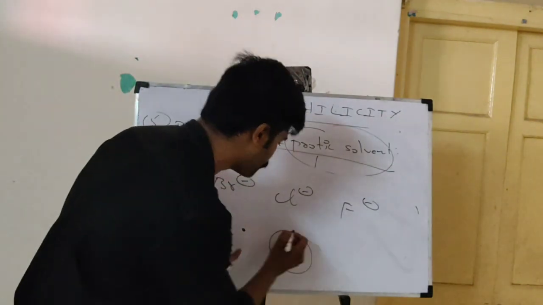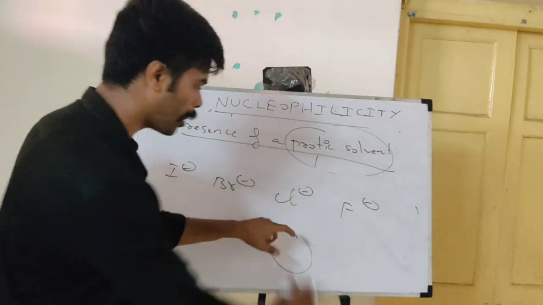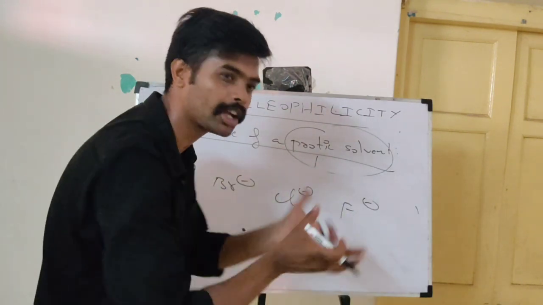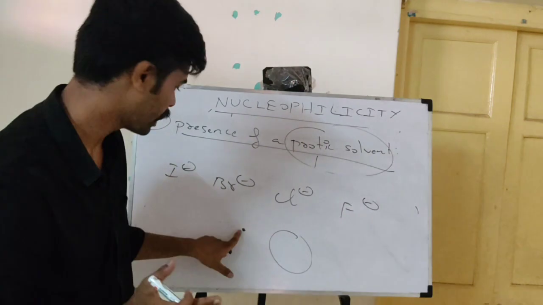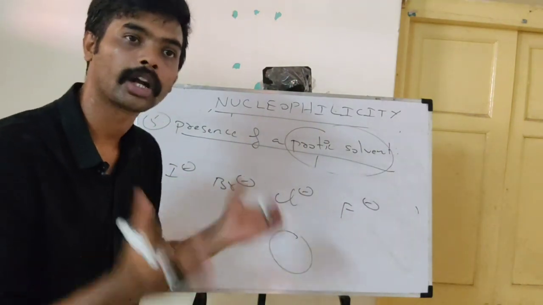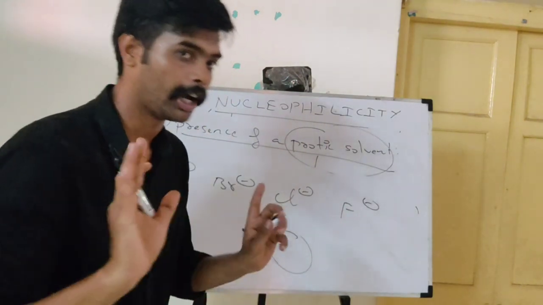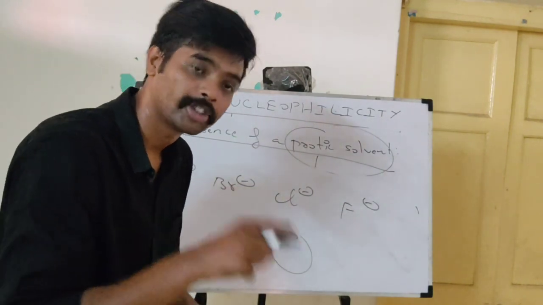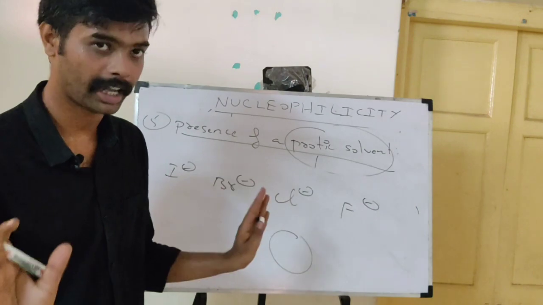But if I have a very big anion like this, the crowding is going to be very much dispersed. I am not going to have a very concrete crowding, but in the case of a very small anion, the crowding can be more and more efficient, and obviously with more and more efficient hydrogen bonding, the nucleophilicity will be less and less. Now I think I made it clear.